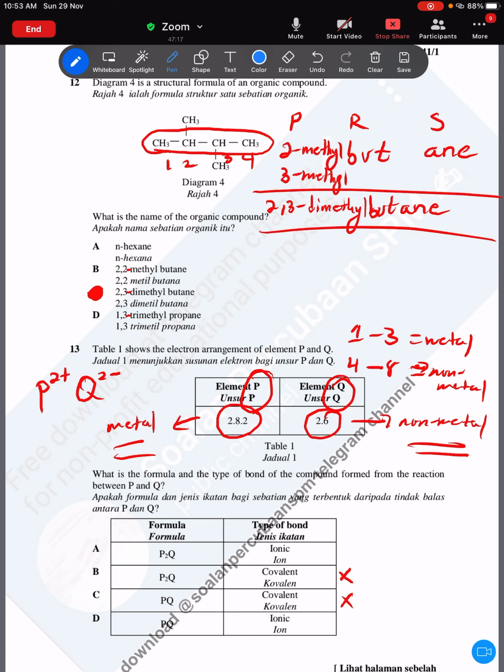Look at the charges, they have the same number. When you have the same number, you can simplify this to become 1 and 1, the simplest ratio. Therefore, finally, you get PQ. So the answer will be D.